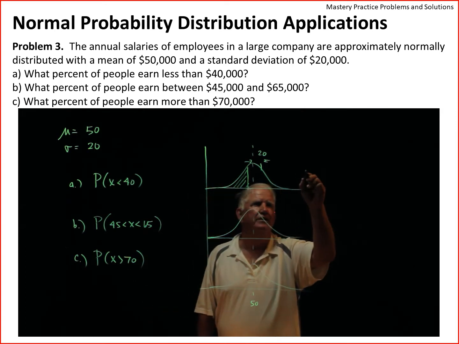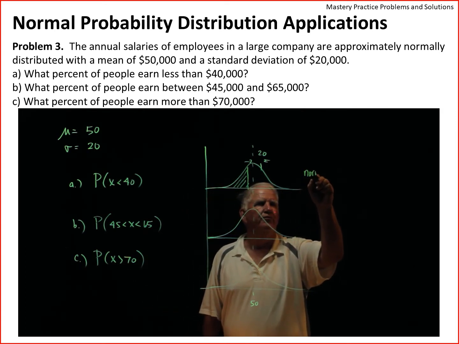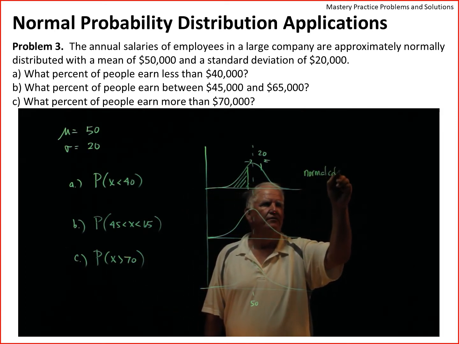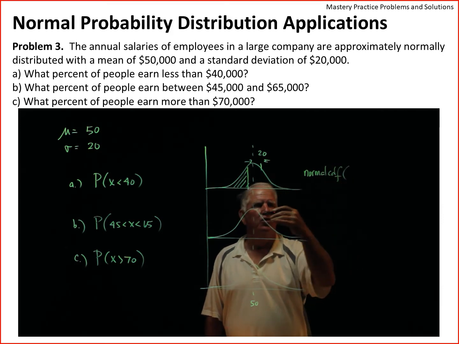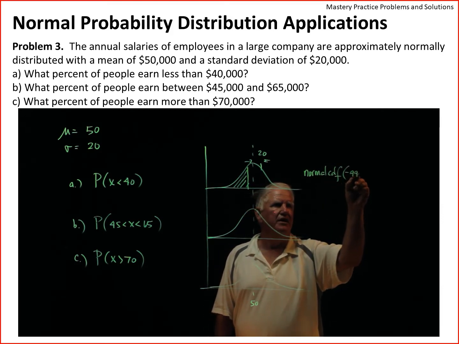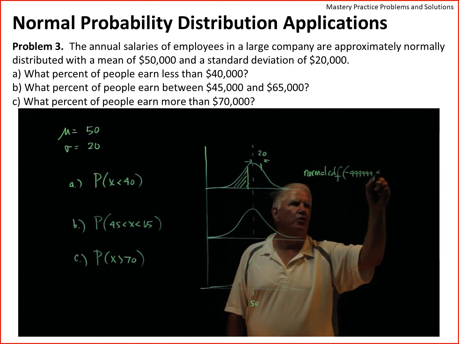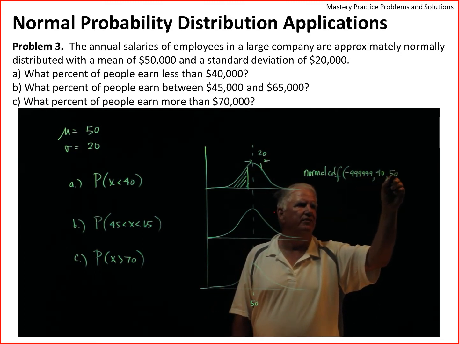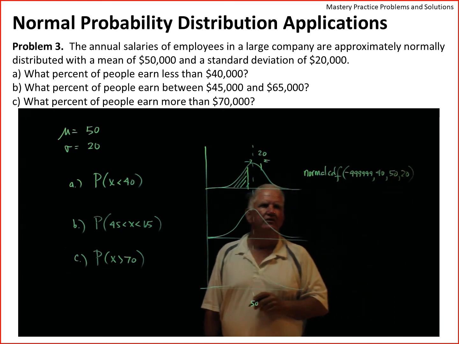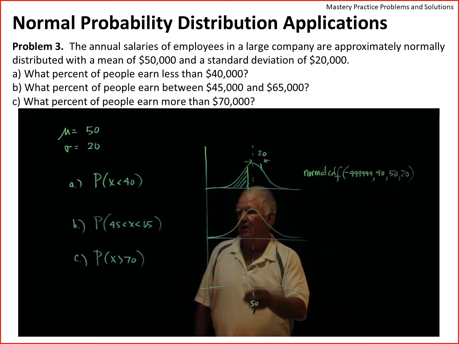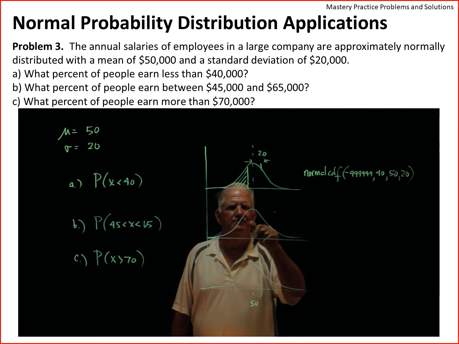Okay, to do that, you go normal CDF. Okay, what's the lower bound? Minus 999, 999. What's the upper bound? 40. What's the mean? 50. What's the standard deviation? 20. Okay, over to this problem. This is 50.